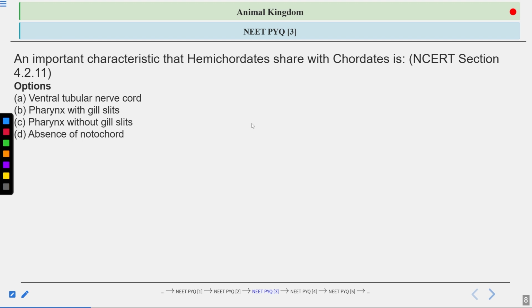You have to select the characteristic that is common to hemichordates and the chordates. Okay, so let us see the correct option. You can solve this question in the given time and then we can check out the correct answer. Let us see whether your answers are correct or not.